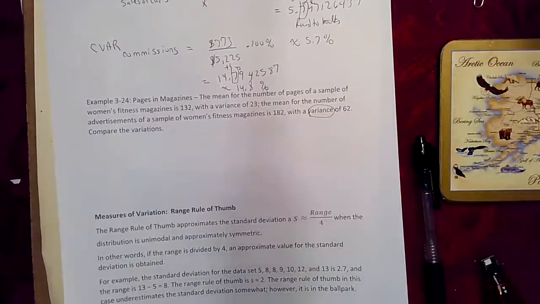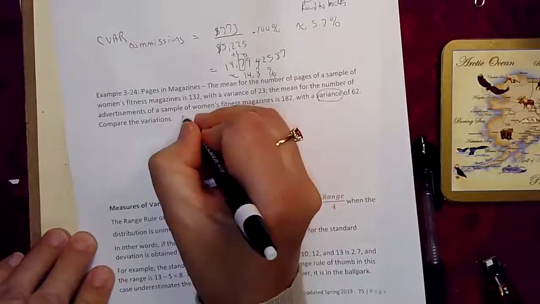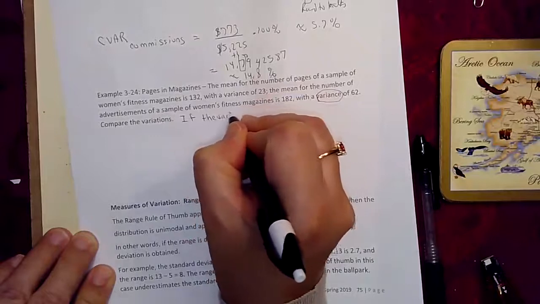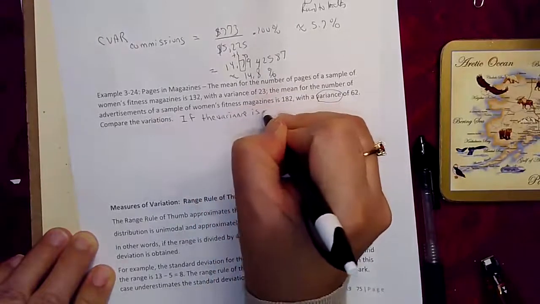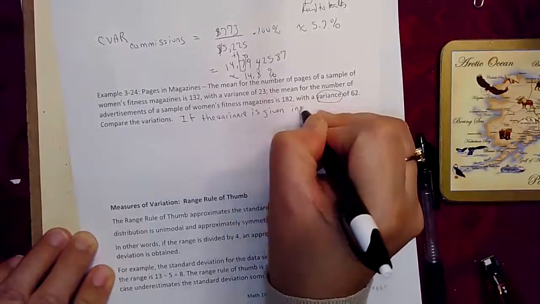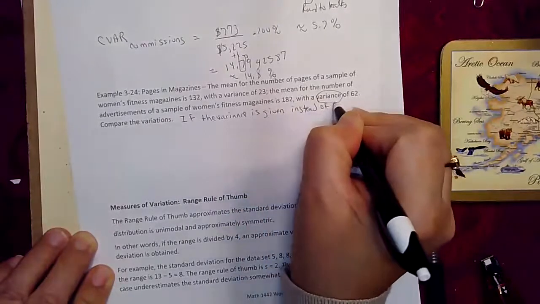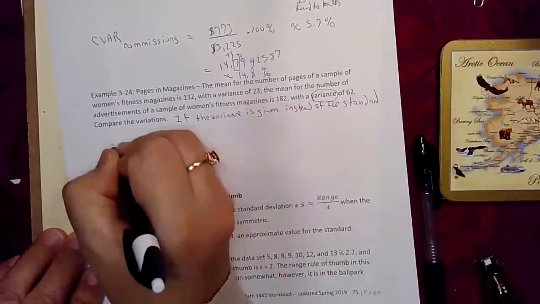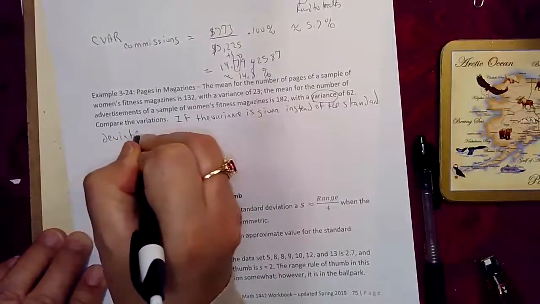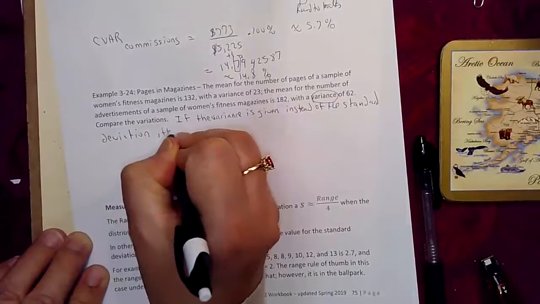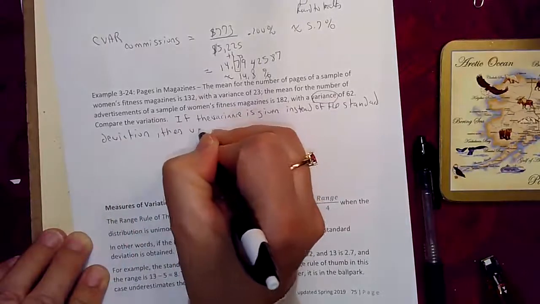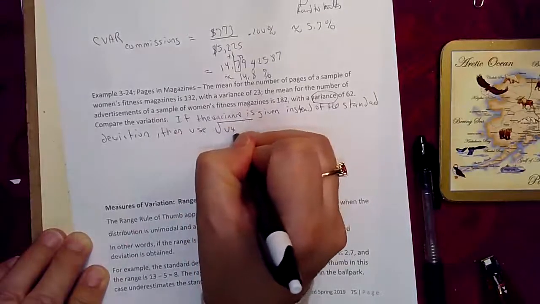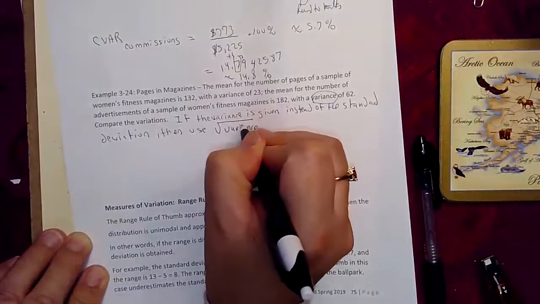So I have to make a note of that: if the variance is given instead of the standard deviation, then you want to use the symbol, the square root of the variance.